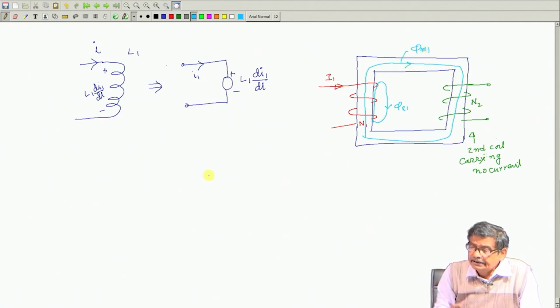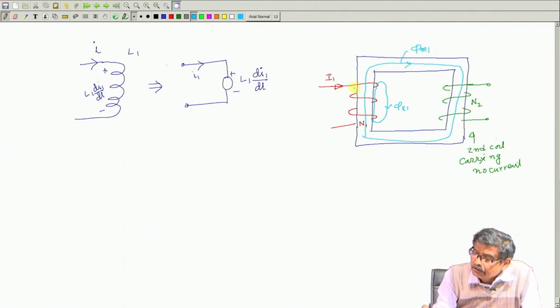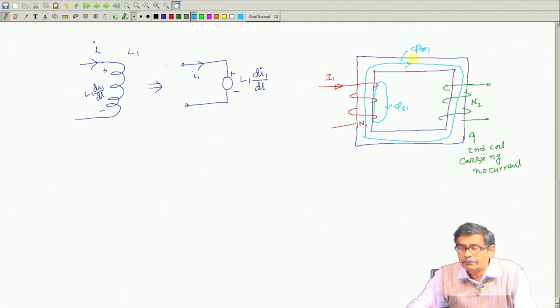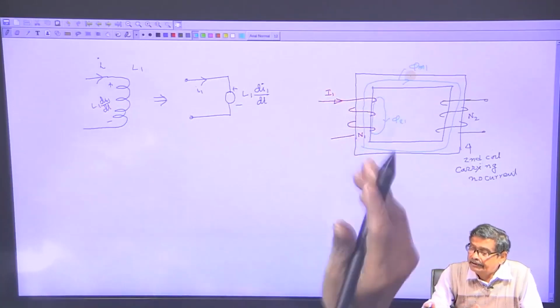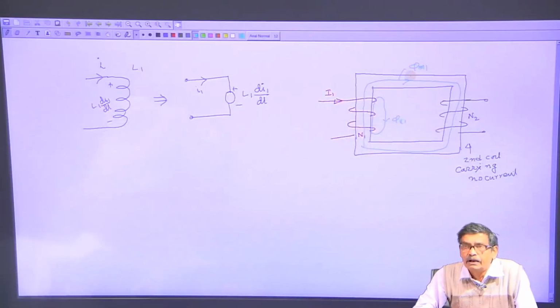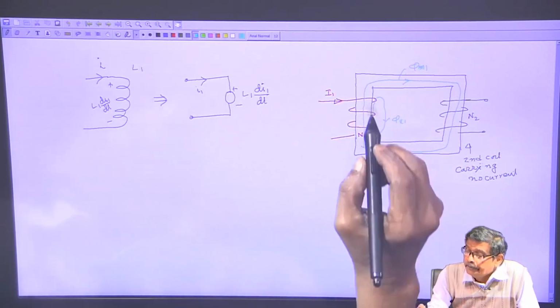And if it is DC current, there will be no induced voltage here, because this phi L1 and phi m1 will have constant value. By applying the right hand rule, it will have a constant value and nothing is going to happen. Okay.